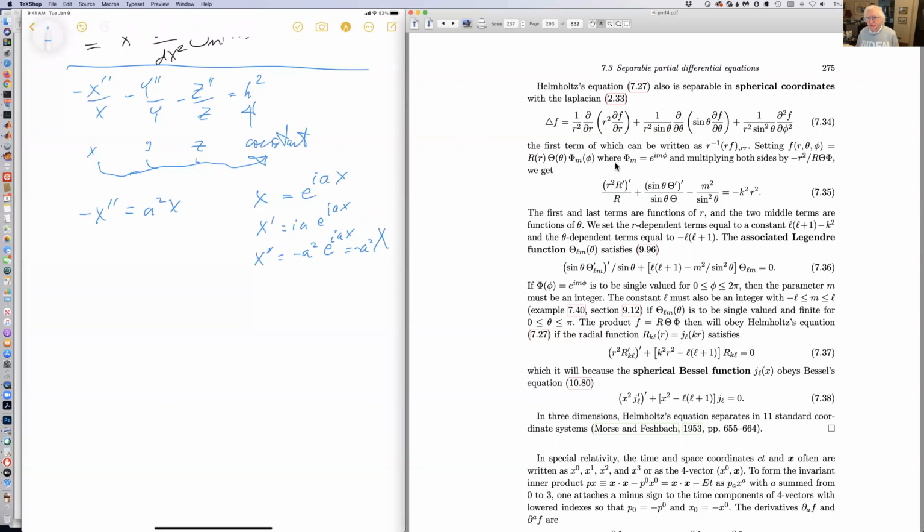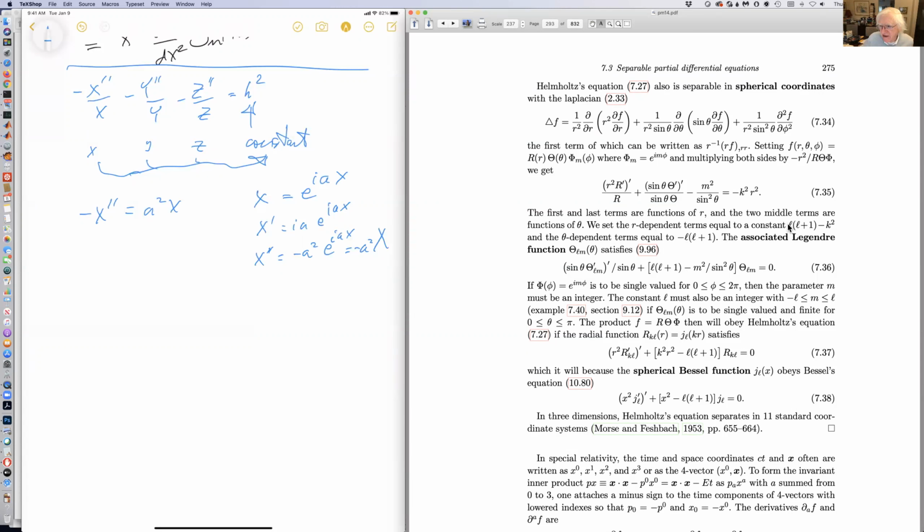Once again, we set Phi equal to Phi sub m equal to e to the i m phi, and multiply by r squared over R Phi Theta, and what we get is this. And we once again get this separated into a differential equation for theta, and that involves L and M.